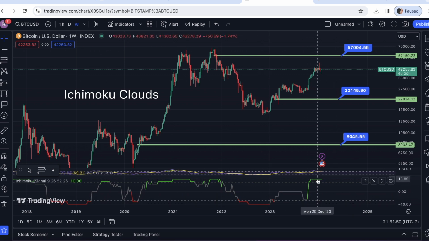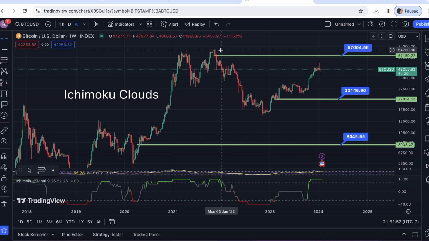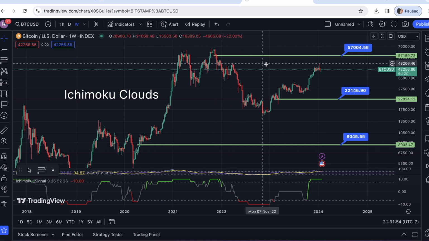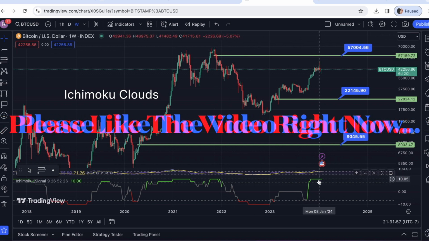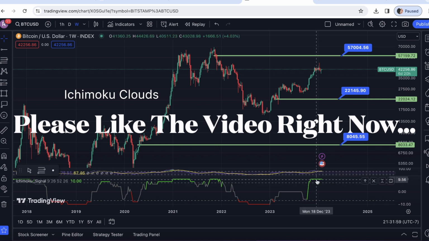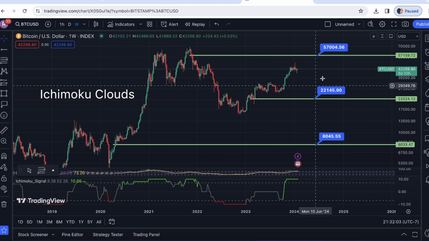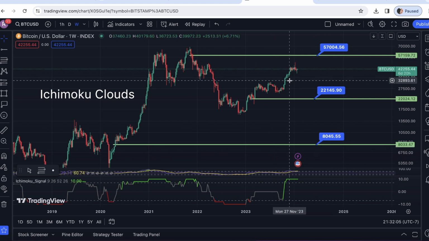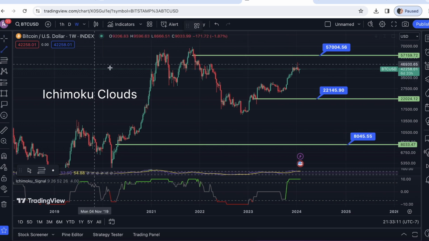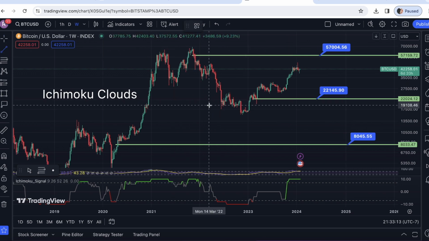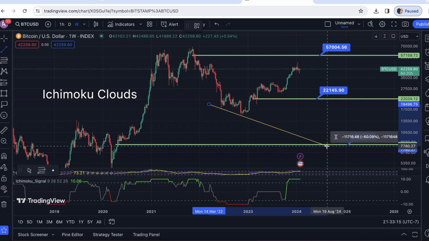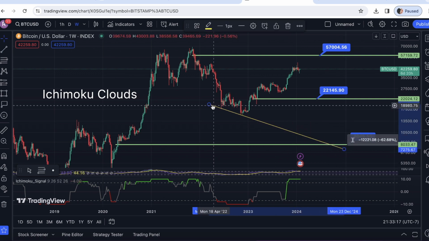And now you guys can see that Bitcoin is still very far from the all-time high, but we are on the green side. That means that we are in overbought territory, as I have been showing you with other indicators in my previous videos.